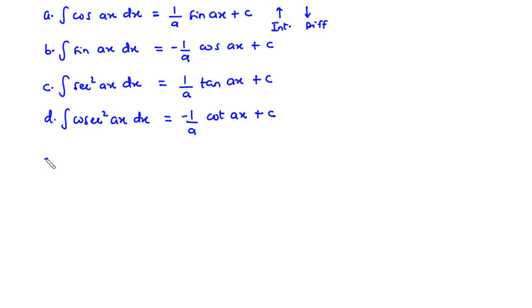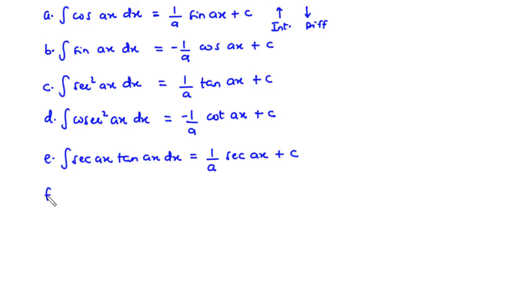Now if you want to integrate sec ax times tan ax dx, then that is equal to 1 over a times sec ax plus c.